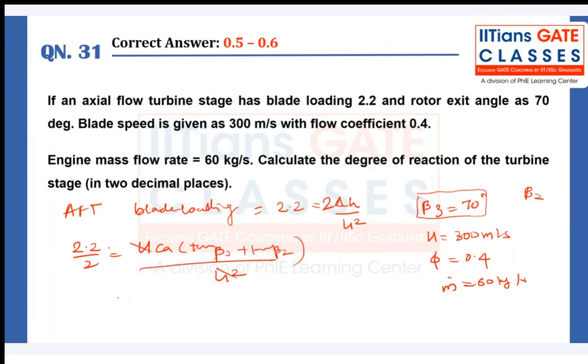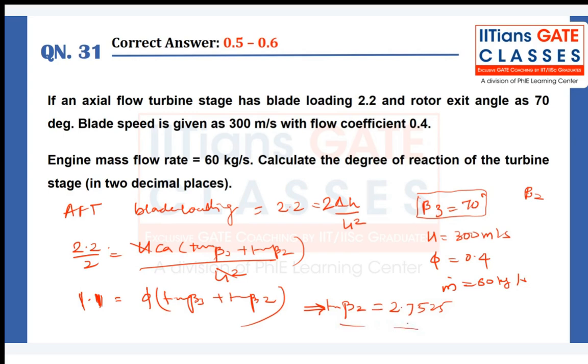So here it gets cancelled and you get the flow coefficient, and here it becomes 1.1 times tan beta 3 plus tan beta 2. From here we know phi, so you can easily compute what is the beta 2 angle. Tan beta 2 comes around 2.7525.